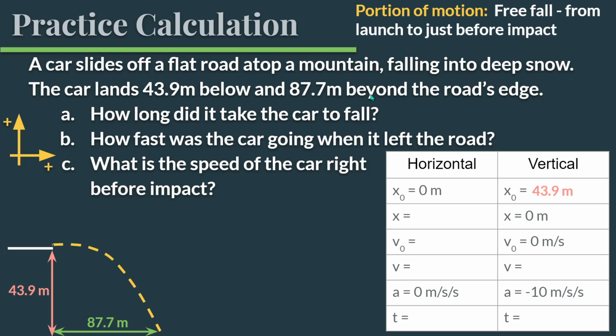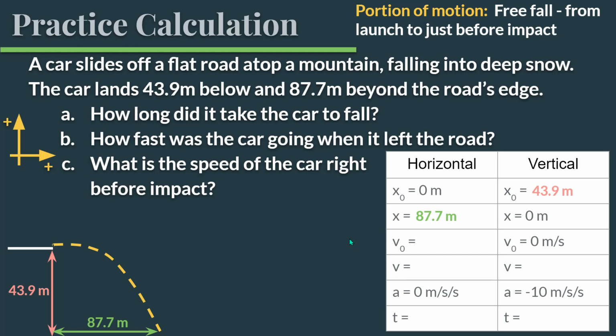That's the horizontal position. That's where it lands. That's my range. Again, this is why we call our initial horizontal 0, because then I can just put that number here, 87.7 meters. That's going to be my final horizontal position. So again, make sure you're filling in the correct side of the chart. All right, so those are the only numbers that I see in the question.